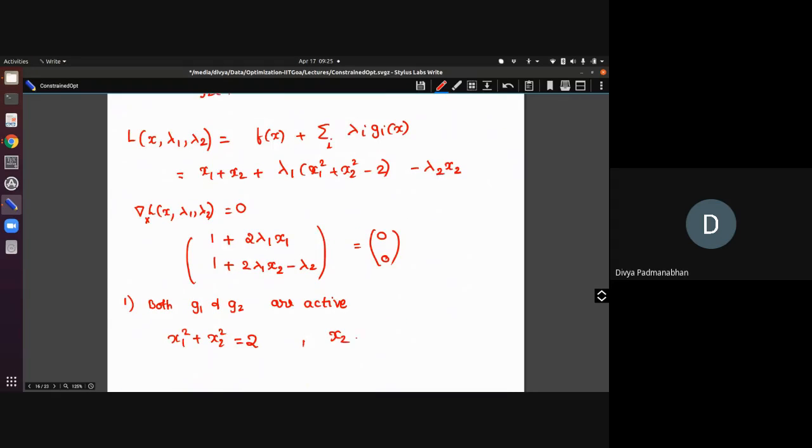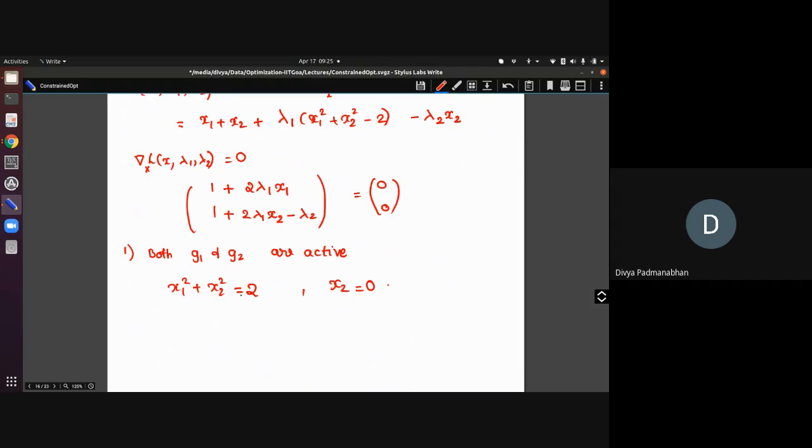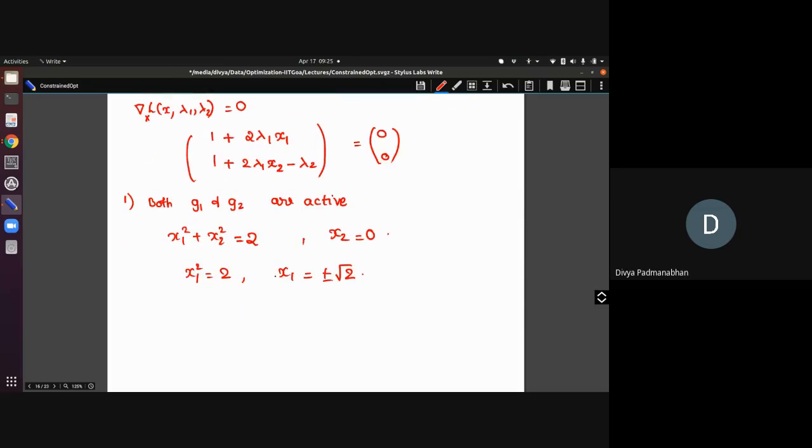So x2 is 0. This is what it means to say that both are active. Now x2 is 0, so x1 square is 2, so x1 is plus or minus root 2. So the set of points where both constraints are active is root 2, 0 and the other point is minus root 2, 0. These are the two candidates here.